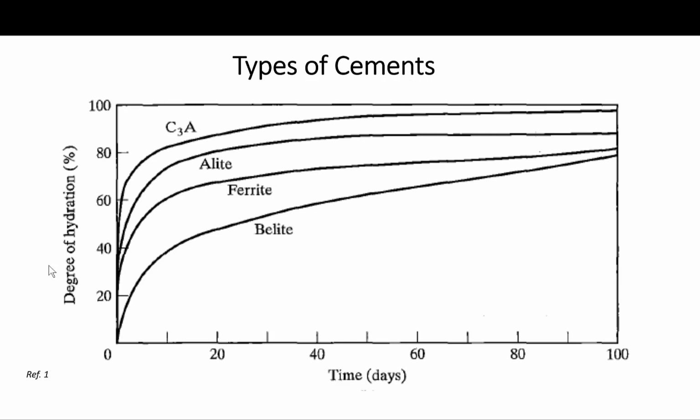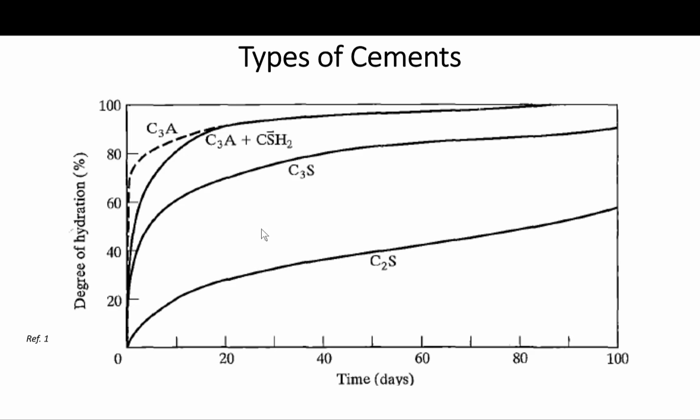The rate of hydration of the compounds as they occur in cement, and I said that one here, these are the pure compounds, but these are the phases or the compounds as they occur in Portland cement, which we refer to as impure phases. It's shown in this figure, where it can be seen that the A-lite is the impure form of the C3S, and B-lite, which is right here, is the impure form of the C2S. They react more rapidly than they do as pure pastes.